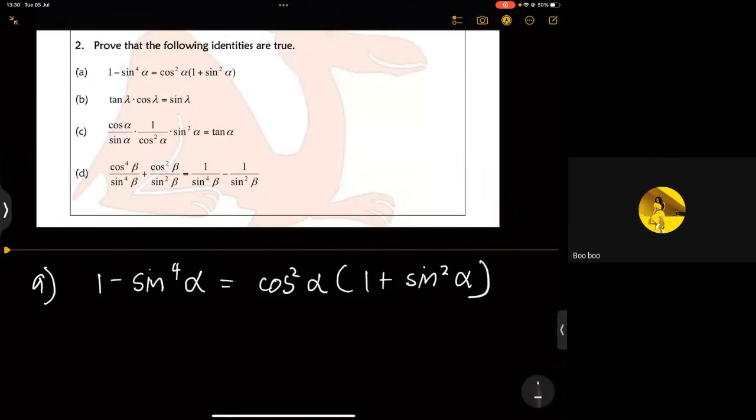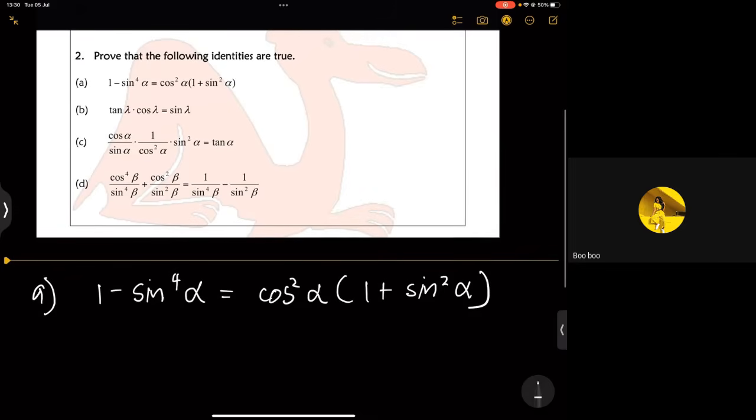Now, please don't dismay and think, but hey, I don't even know where to start. In this case, remember that the identities that we have to do with sine are square identities. So please, under no circumstances, change this into cos to the power 4 of alpha.